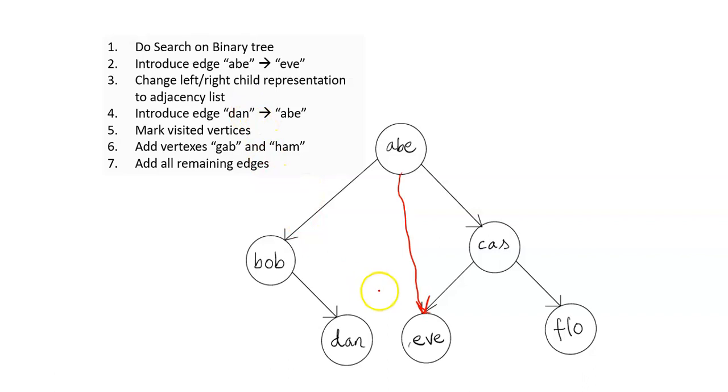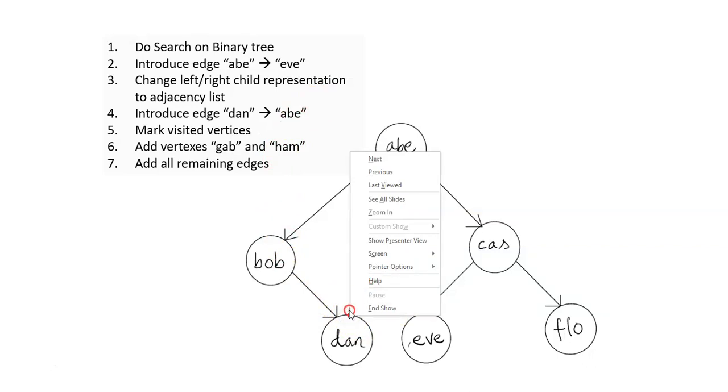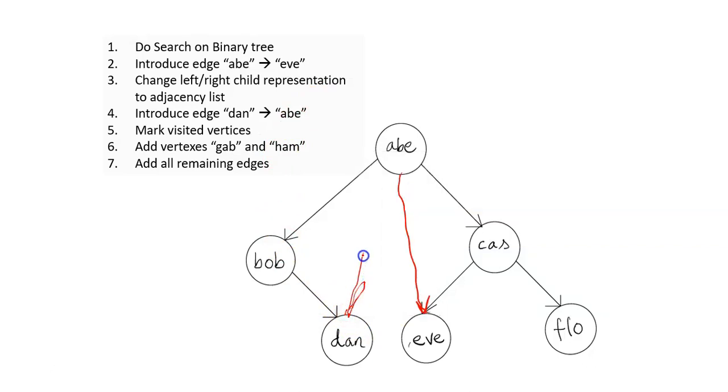And the next thing we're going to do is introduce another edge. We're going to introduce an edge from Dan to Abe.